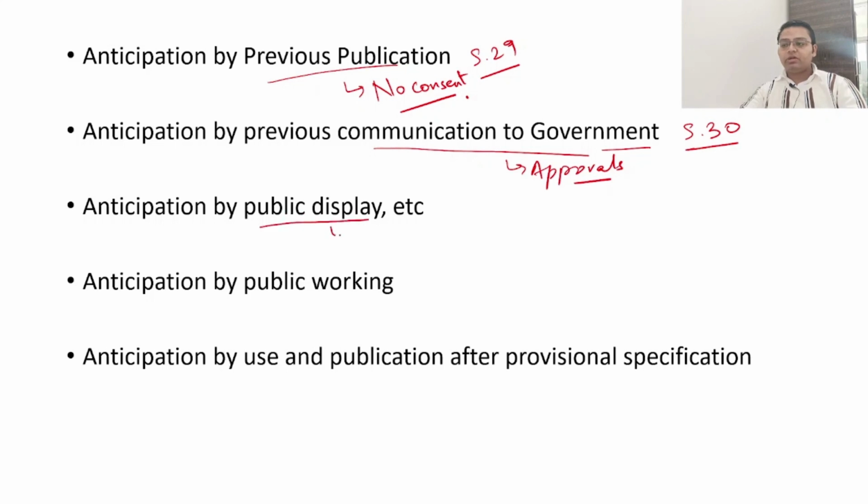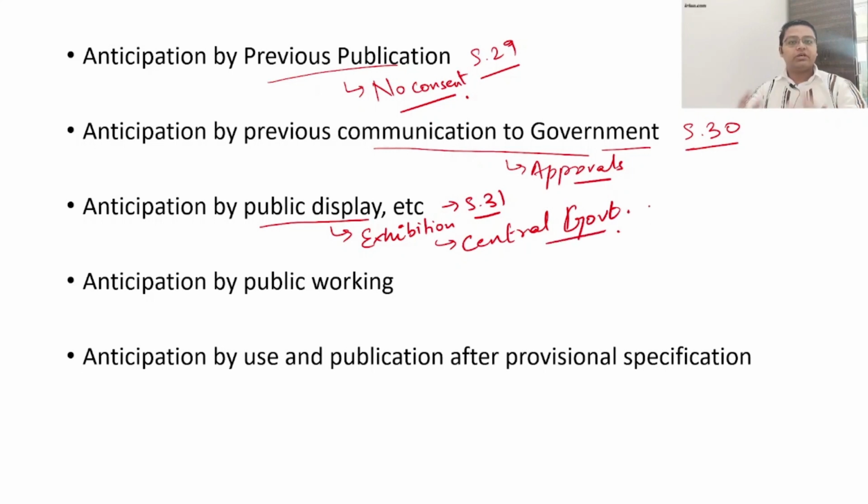Anticipation by public display. Here we need to remember about the exhibitions. This comes under section 31. One catch over here is that these exhibitions should be notified by the central government. For example, the international trade fairs which happen are notified by the central government in the official gazette.